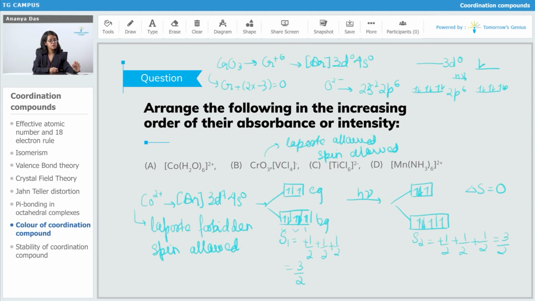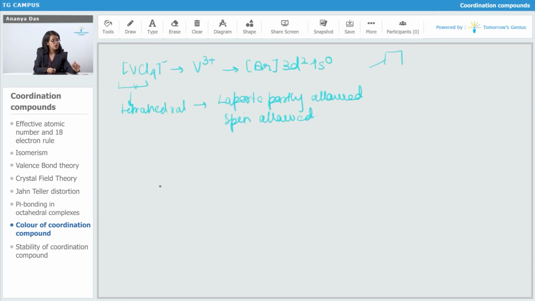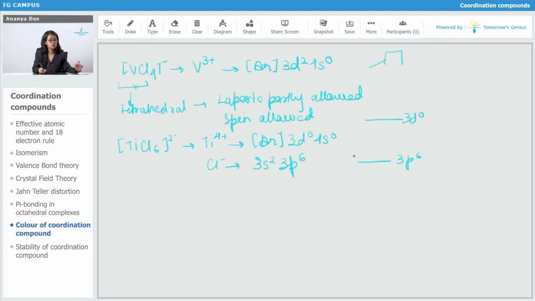Next we have [TiCl6]2-. In [TiCl6]2-, titanium is present in +4 oxidation state, which means that the configuration of Ti4+ is 3d0, 4s0, and chloride is 3s2 3p6, because chlorine was 3p5, and if there is one negative charge it means one electron has been added, so 3p6. So we have 3d0 and we have 3p6 of chlorine.